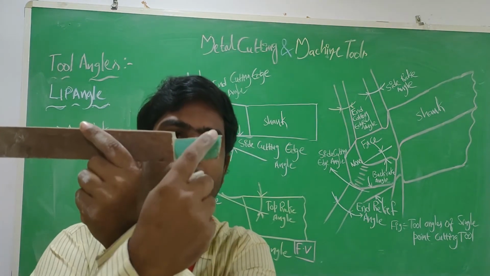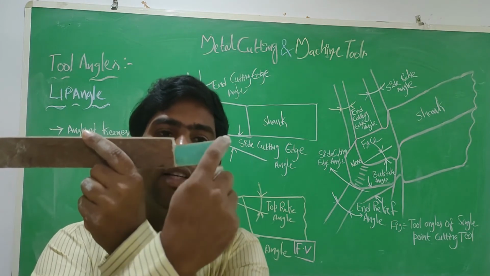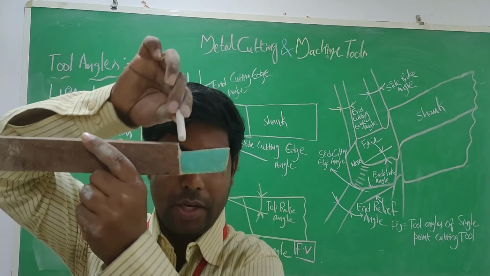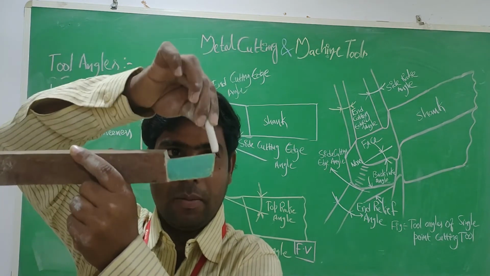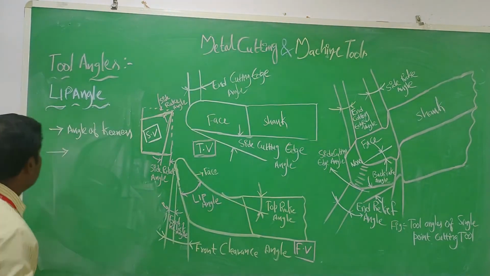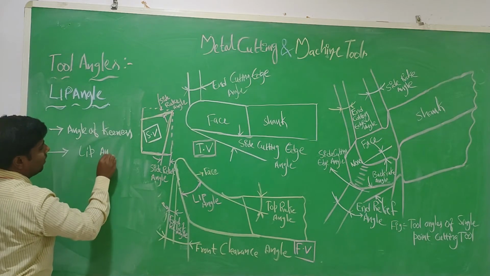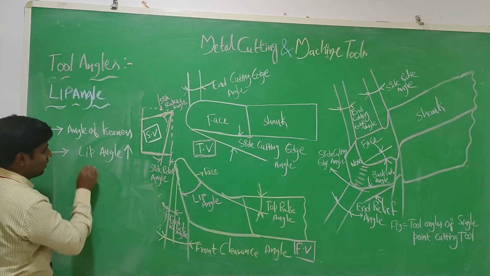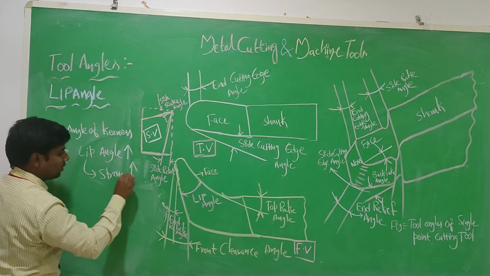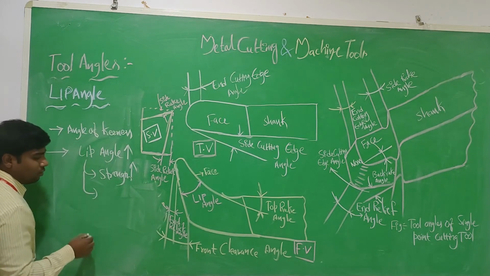Once again, friends, if the lip angle increases, the cutting edge strength also increases, and if the lip angle reduces, automatically the strength of the cutting edge is reduced. So if the lip angle increases, the strength of the tool increases, and if it is reduced, vice versa.